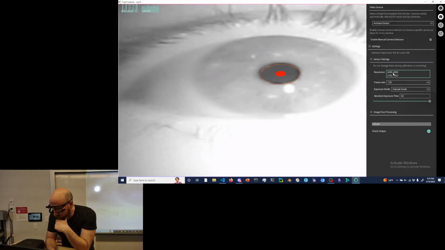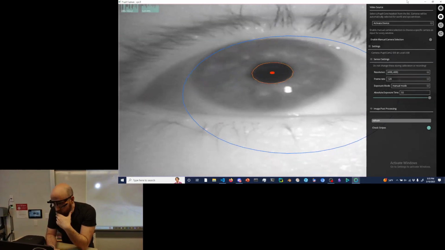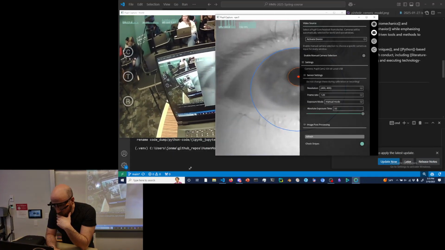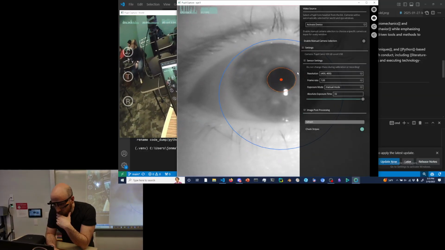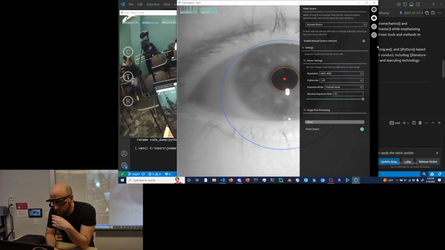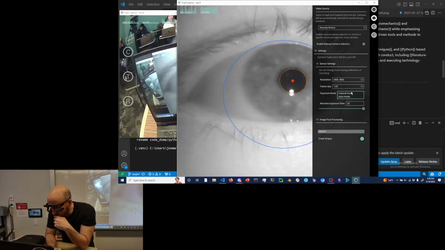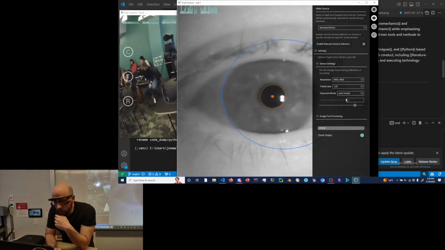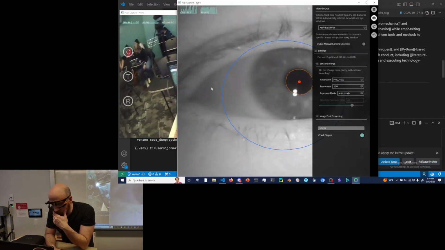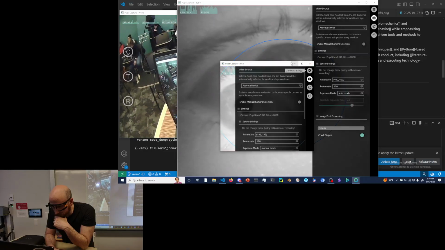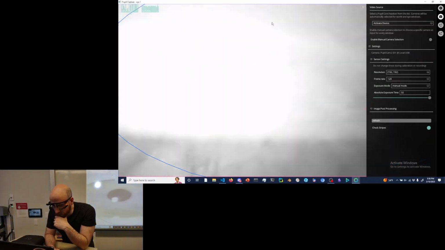Resolution 400 by 400. Okay, cool. And then let me get this one the same. This is my left eye.